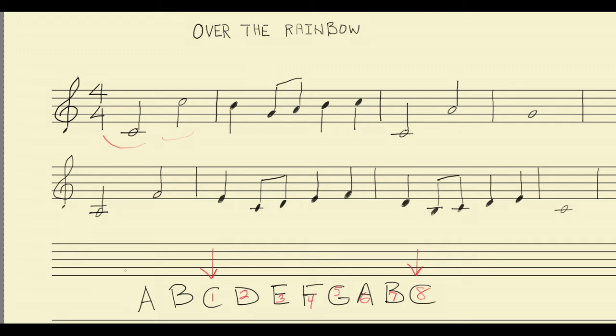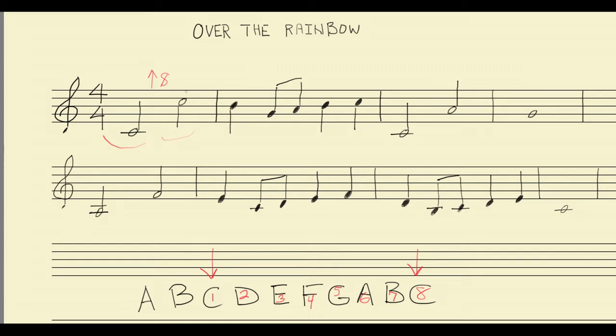So I've traveled through 8 notes to get from the bottom note to the top note, from the C to the C. 1, 2, 3, 4, 5, 6, 7, 8. C, D, E, F, G, A, B, C. So I'm just going to make a little note of that above the staff. I'm going up through 8 letter names, C to C.